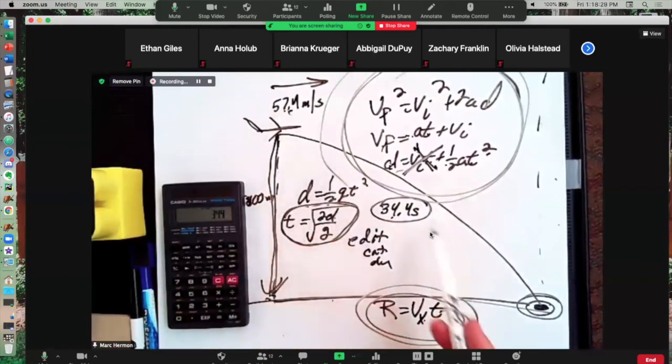This is an easy problem, and I'm trying to convince people that it is a really easy problem. So I put one on the test for you. So 34.4 times 57.4, I get 1975 meters.